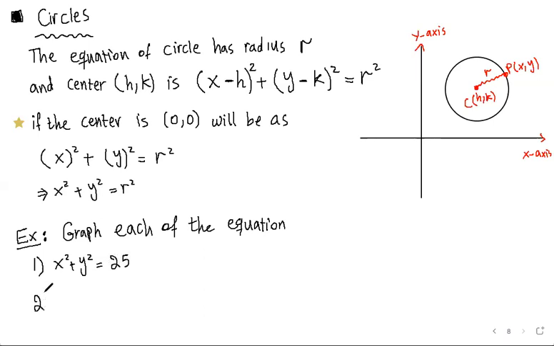Second one, x minus 2 squared plus y plus 1 squared equals 25. Who will do the first one? x squared plus y squared equals 25.